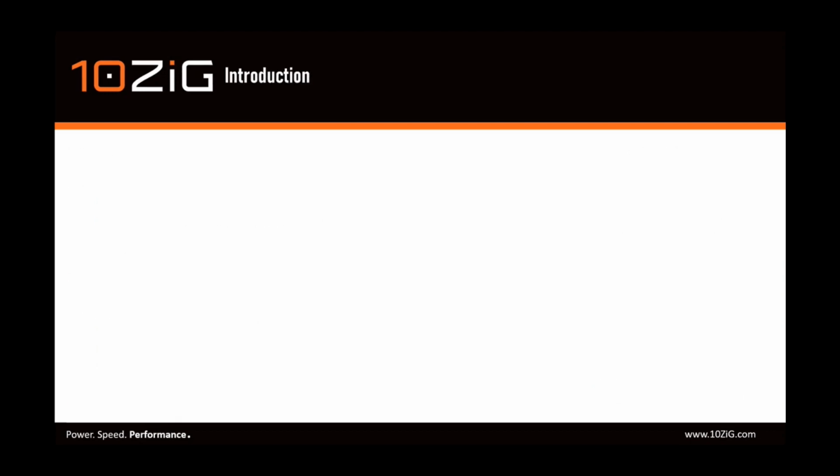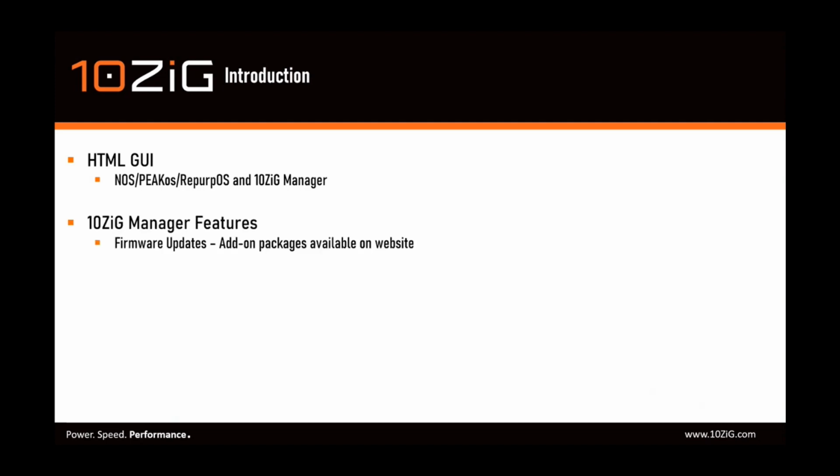So for today's webcast, what we're going to be really looking at here is the HTML GUI, which is a major enhancement to our in-house operating systems and also the Tenzig Manager application suite. We're also going to be looking at some of the new features that have been added into the Tenzig Manager over the past year. So these include the ability now to install add-ons to the base firmware on clients. We've also got the ability to download log files from clients centrally to the Tenzig Manager server.